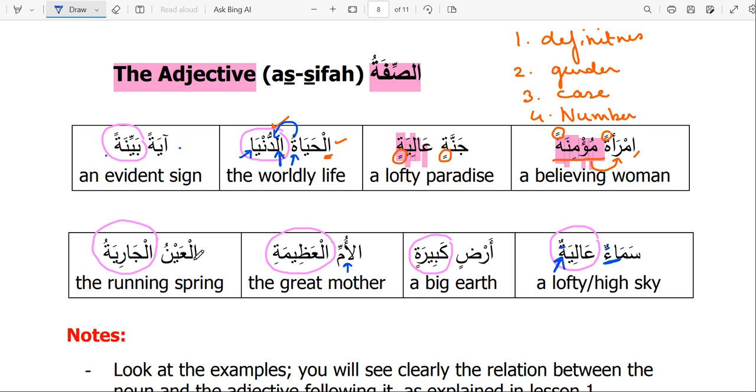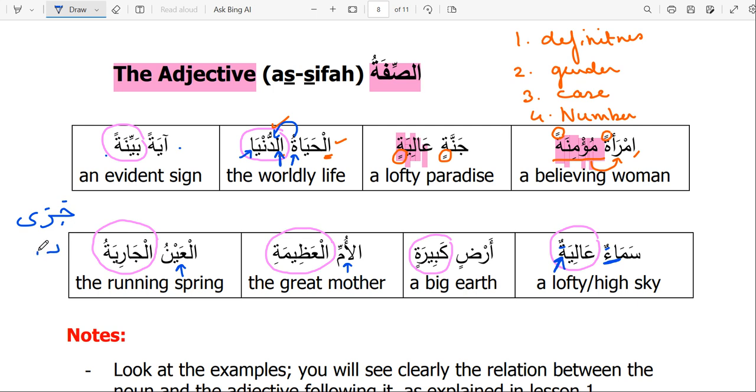Now when you come across the word ain, it doesn't mean every time it's the eyes. As I told you, it has 5 meanings. So al-jariyah, jariyah means continuously moving. As in Arabic, jara means to walk fast, to move fast. So from jara comes yajri. This is the present tense.